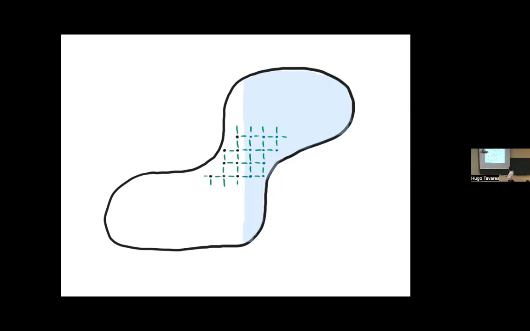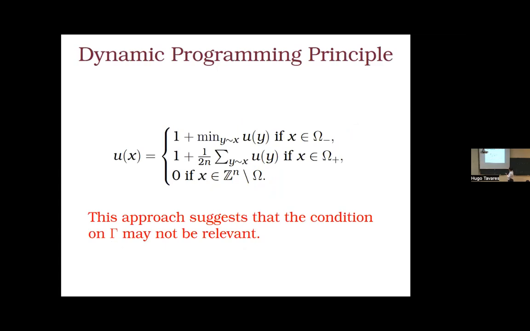Okay, and each one of those points is going to have a discrete dynamic programming principle, no? So U of X is once again the value function, no? Now instead of moving with a Brownian motion, I just have a random walk on the right, and on the left, the player, the controller, decides where to move, no? And then you get these equations, no?